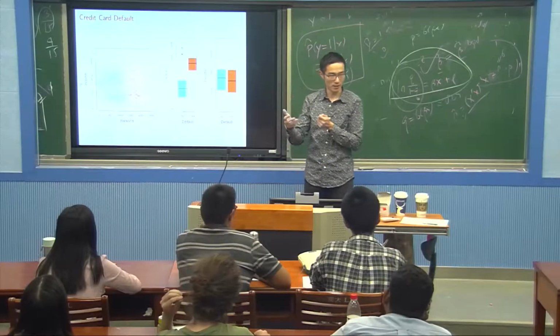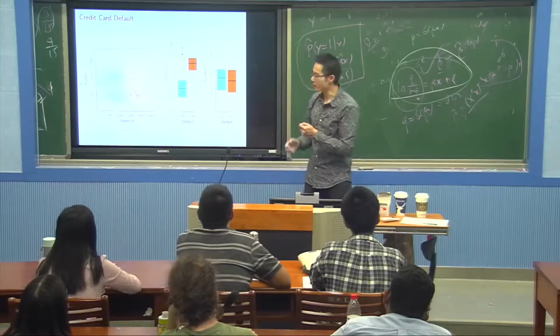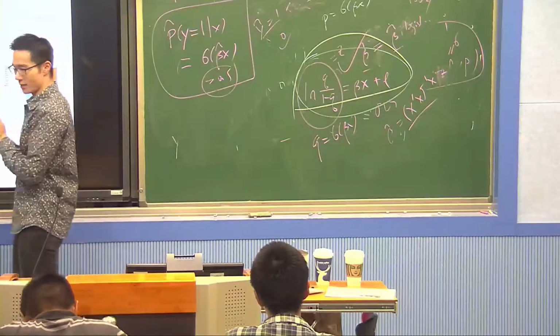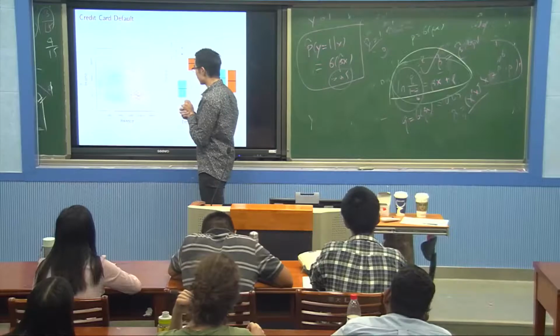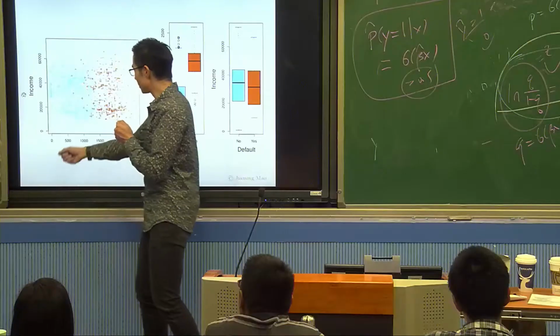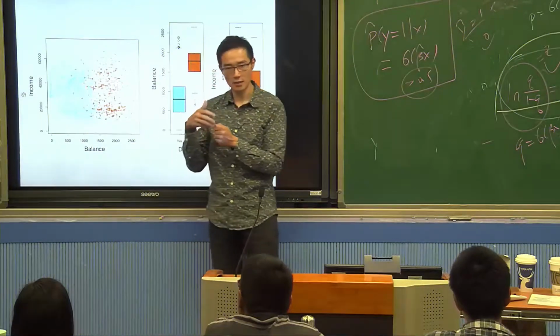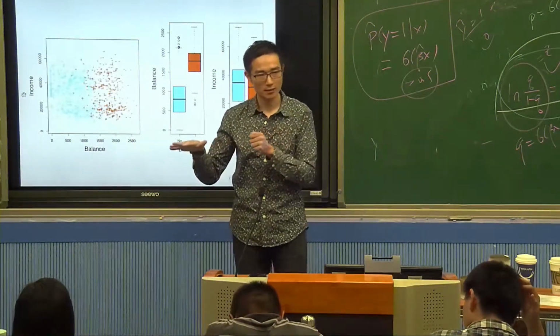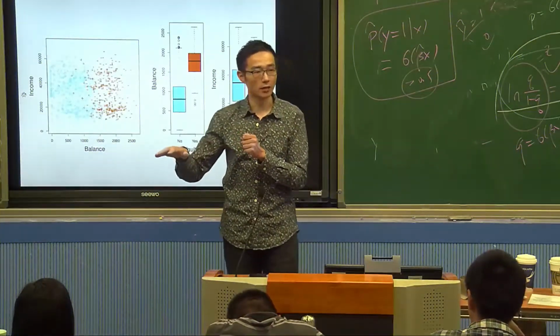So let's take a look at this credit default data set. In this data set, I have a two-dimensional x. One dimension is income, the other is balance. Balance is essentially the amount of unpaid debt remaining on your credit card.